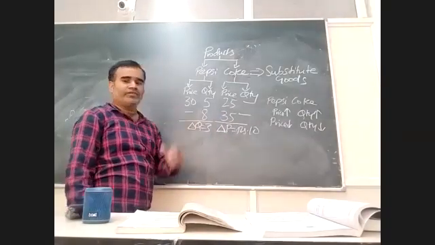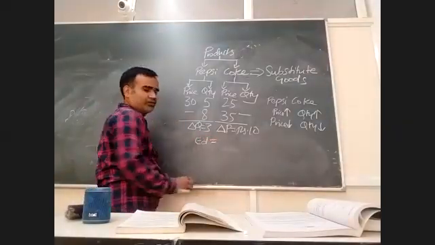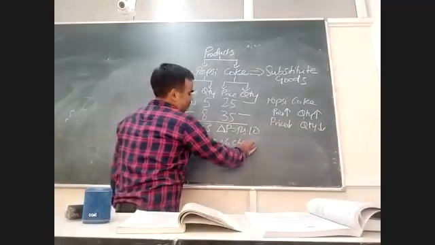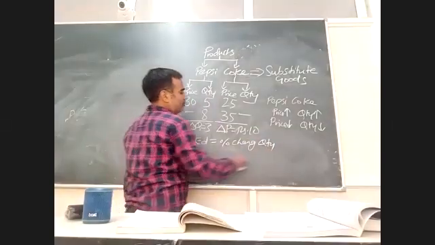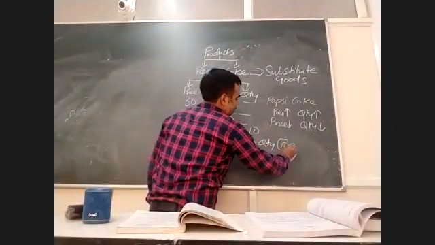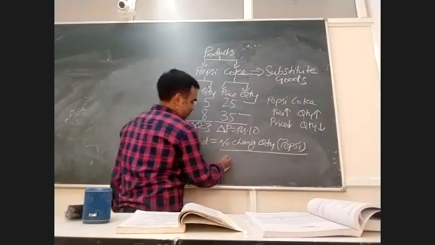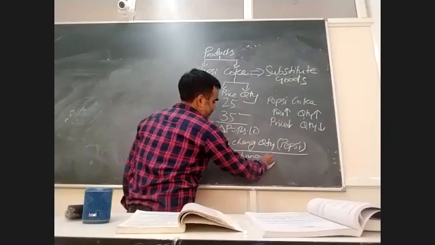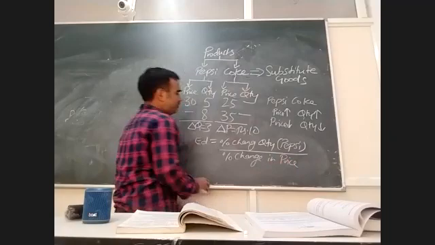Now we will find out the elasticity of demand. Elasticity of demand is equal to the percentage change in quantity of which one? Of Pepsi. Divided by the percentage change in price of which one?